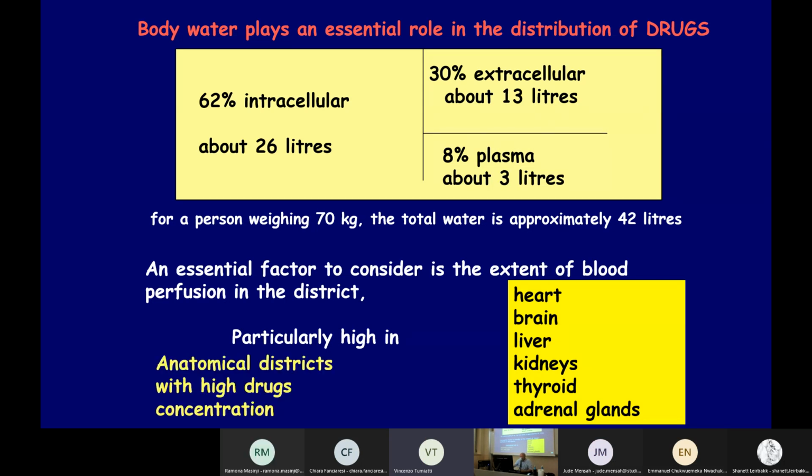In particular, we can observe a high concentration of the drug in heart, brain, liver, kidneys, thyroid, adrenal glands, because these districts have a high blood perfusion.